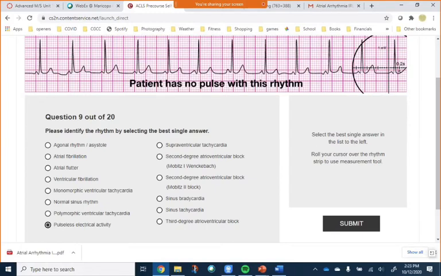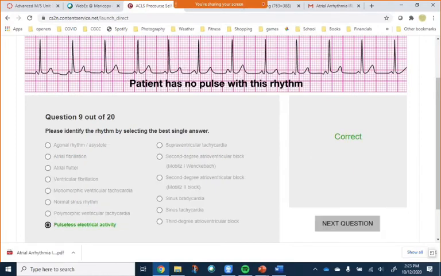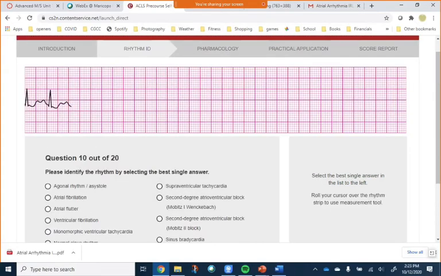So you're going to do CPR, bag mask, and do you shock them? You only shock ventricular rhythm, so no shock. And again, I'm not teaching you ACLS. This is the ACLS pretest. But if I do ever say patient has no pulse with this rhythm, it is telling you it is pulseless electrical activity. Just because you have electricity doesn't mean you have conduction.